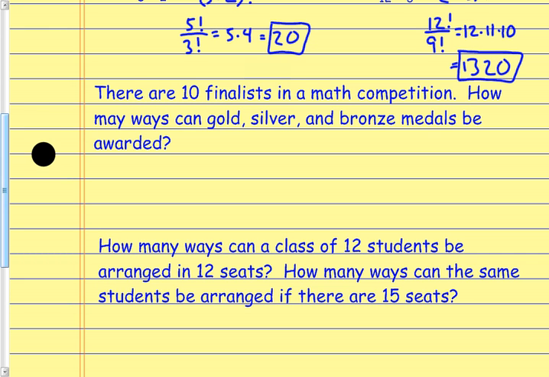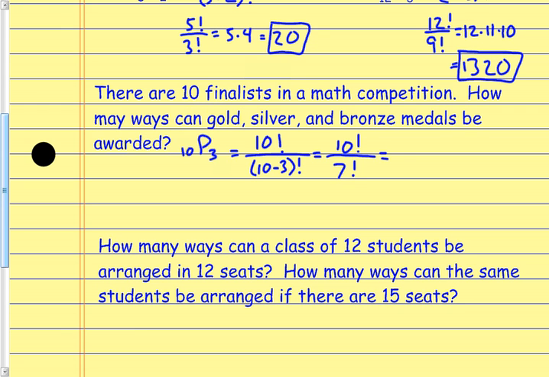So these 10 finalists, that means I have a total of 10. It's a permutation because order matters, and only the top 3 are being awarded medals. So it's the permutation of 10 choose 3. So it's 10 factorial over 10 minus 3 factorial. Now I just simplify this. That's 10 factorial over 7 factorial.